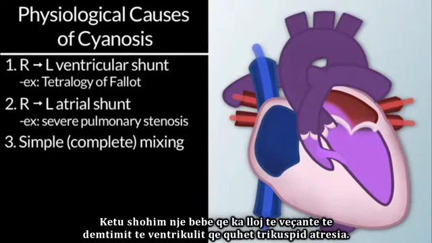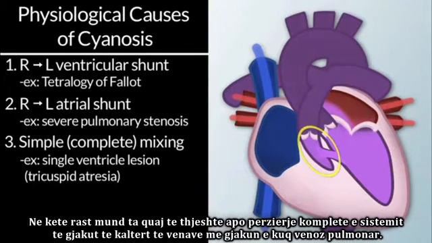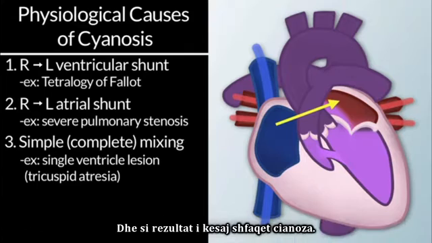And what you see here is an example of a baby that has a particular type of single ventricle lesion called tricuspid atresia. In this case, there is what I might term simple or complete mixing of blue systemic venous blood with red pulmonary venous blood, and as a result, there is cyanosis.